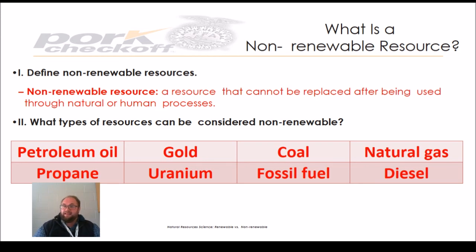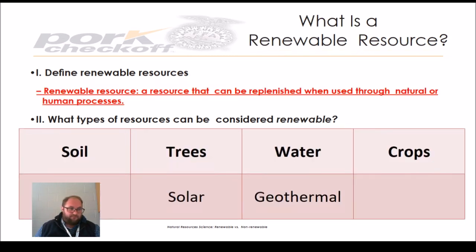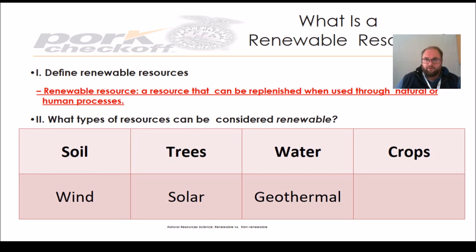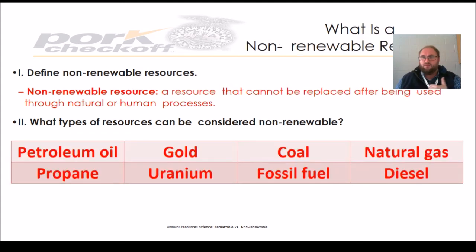But the question is, if we have viable renewable resources that could power our planet, we have the renewable resources to power our world, why would we constantly and continue to use resources that we know we're going to run out of? This is an important question as we look at our environment and natural resources.